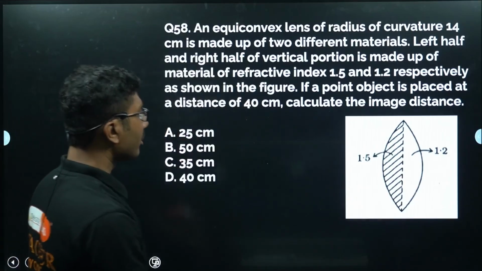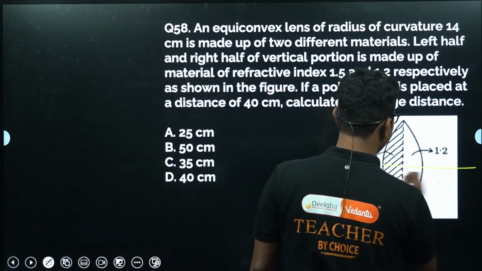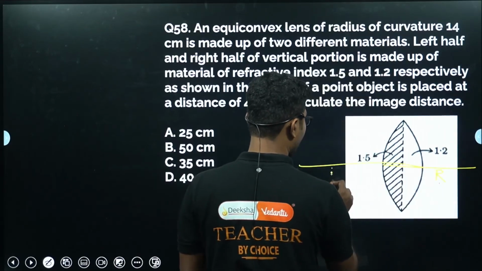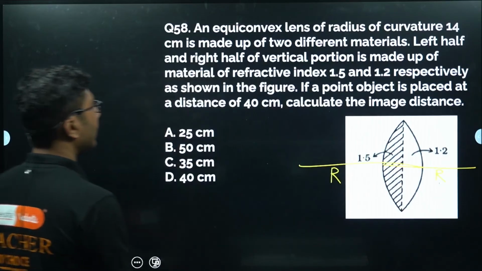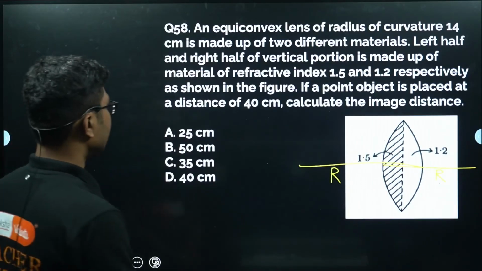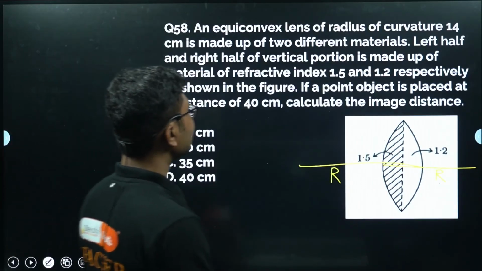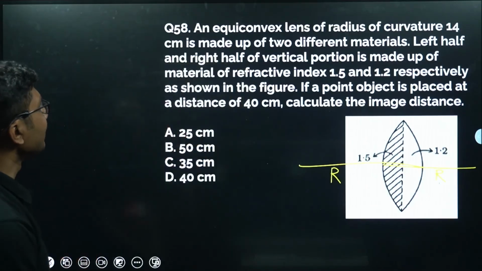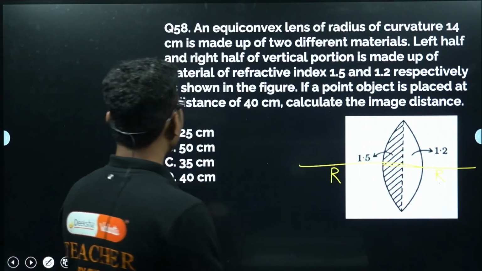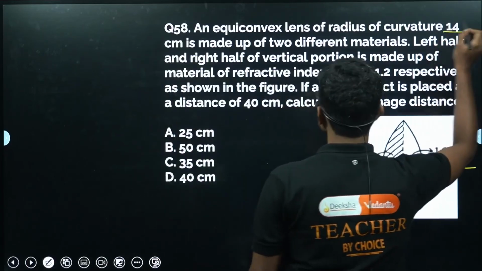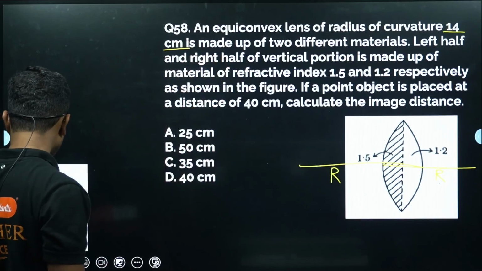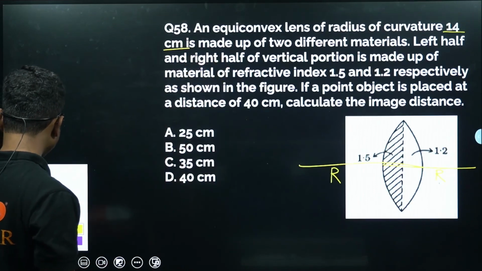Equiconvex lens means both sides have the same radius of curvature. This side has radius r, then this will also have r. If a point object is placed at a distance of 40 centimeter, calculate the image distance. Radius of curvature is given 14 centimeter. This is a little bit longer question, not difficult but longer.